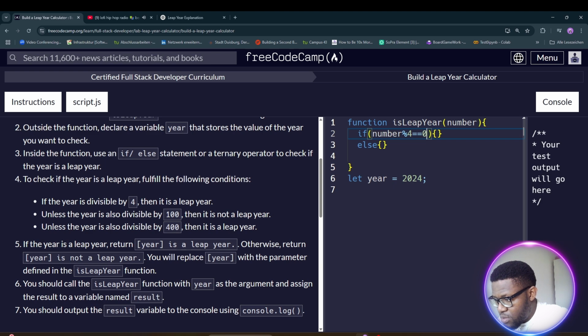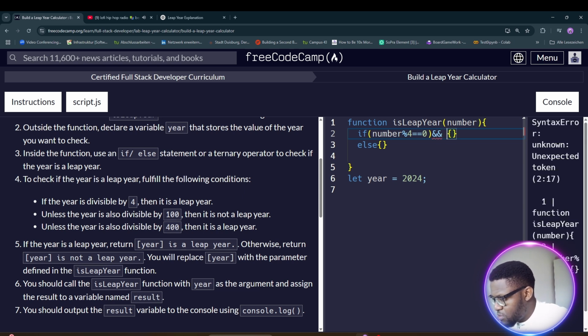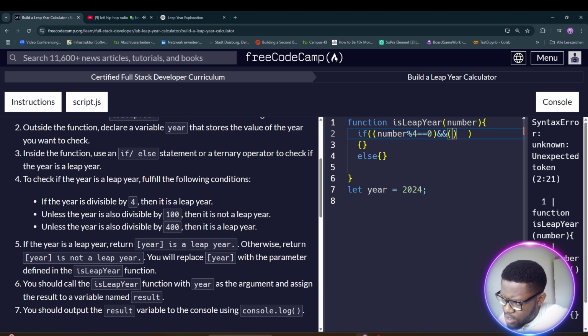And let's say, okay, let's put this one in brackets. Two conditions that I have to make. So unless, so that is, and here this thing is a little bit tricky.